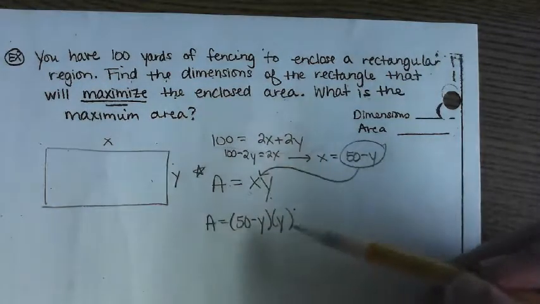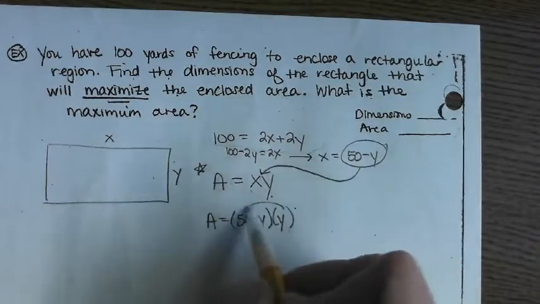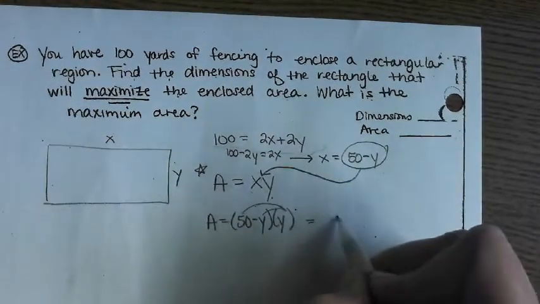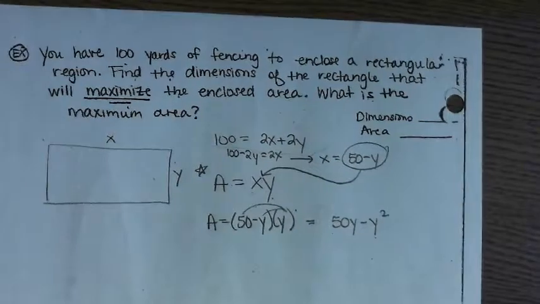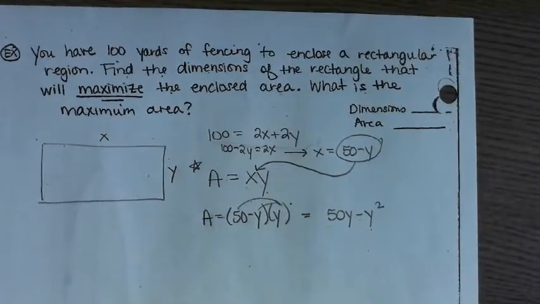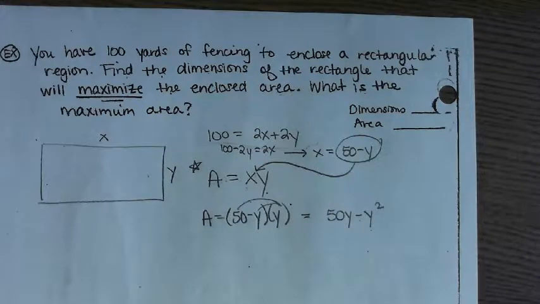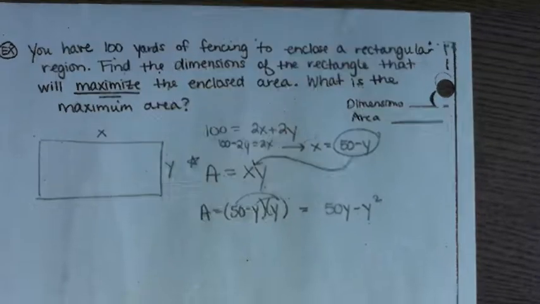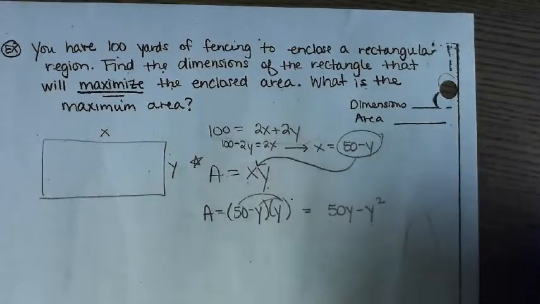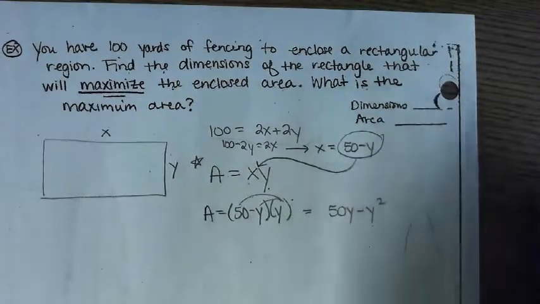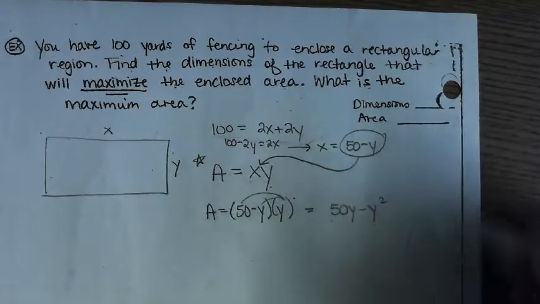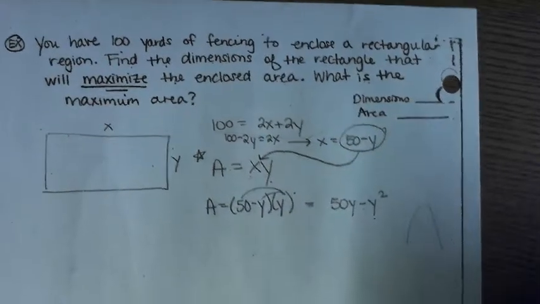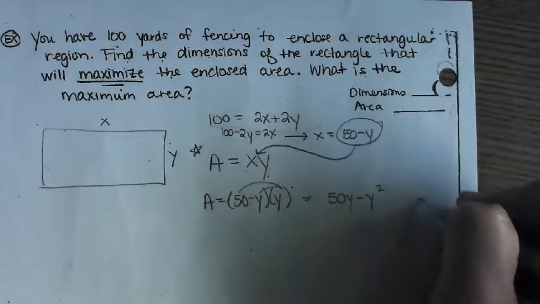And then to maximize this, first of all, if I were to distribute this through, this is a parabola, right? And it's a parabola that opens up or opens down? Down. And what point on the parabola is of most interest to us for maximizing? Vertex.